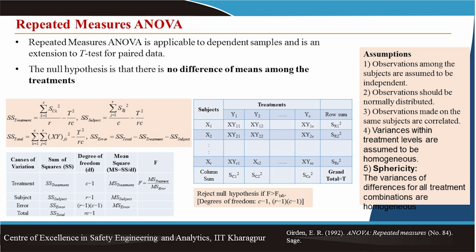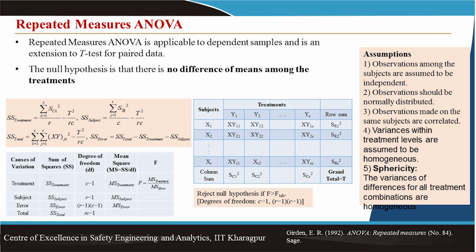While computing the sum square treatments, because there are C number of columns, we have used these C column values, and at the same time we are subtracting T square by R C. That statistical issue makes it so that there will be C minus 1 degrees of freedom for computation of SS treatment.